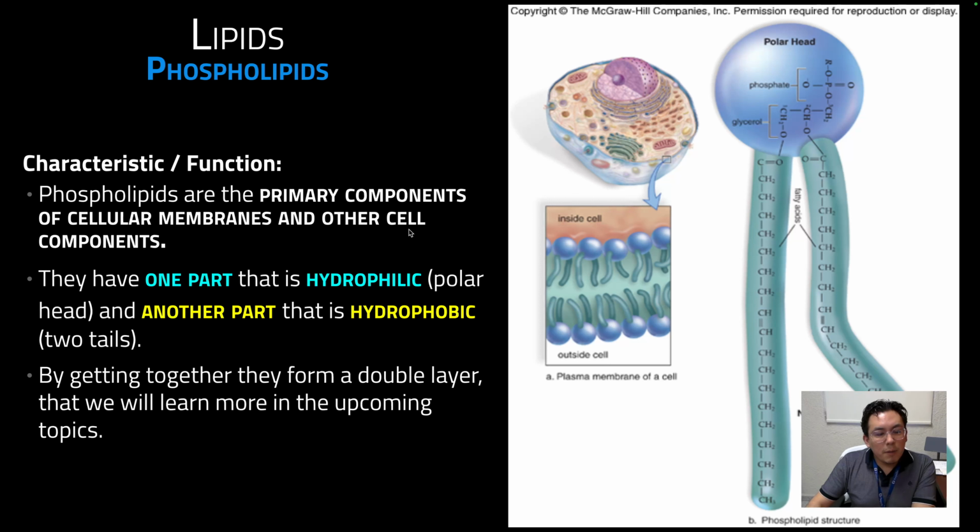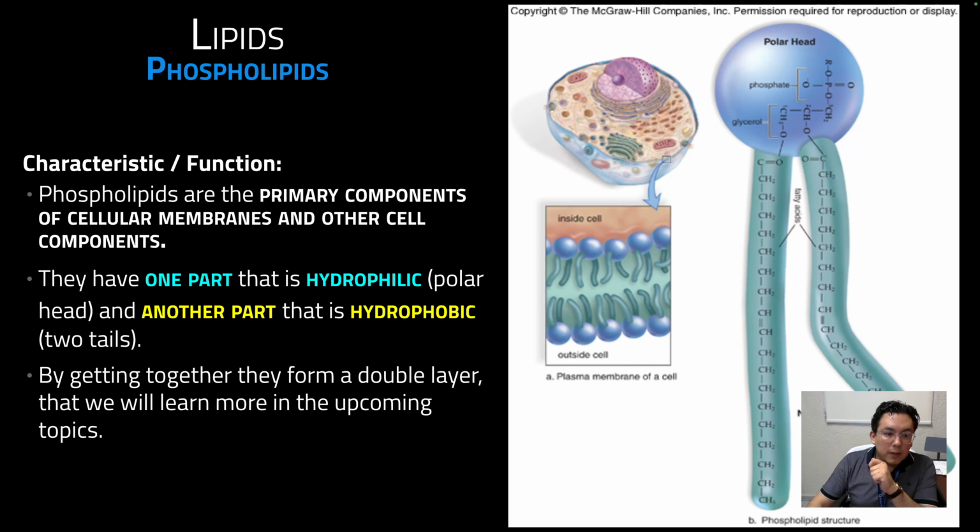But the main part in here is that this molecule has a very particular characteristic in which this part on the top, which is called the polar head, will actually be able to mix with water. But the fatty acids, which is the monomer, remember that, which is these tails that you see down here, these are hydrophobic. They do not deal well with water.